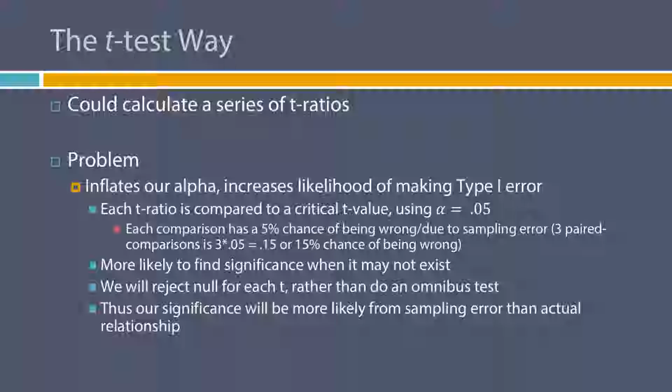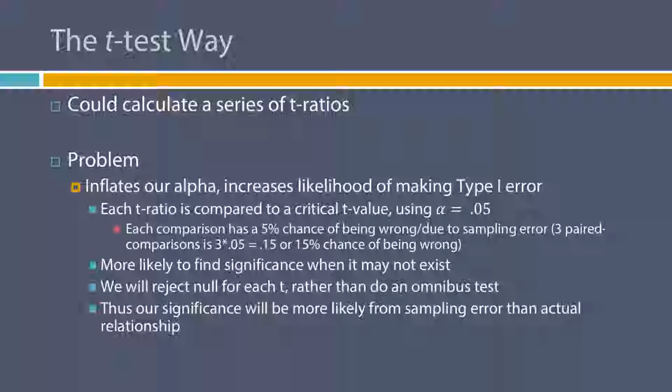we remember this issue of alpha, or selecting an alpha beforehand, right? And alpha is usually set at 0.05. What that means is we're willing to accept a 5% chance that we're going to be wrong. That also means that we're only willing to accept a 5% chance that the null would be right in our case. However, with each t-test that we run, there's that same alpha level.